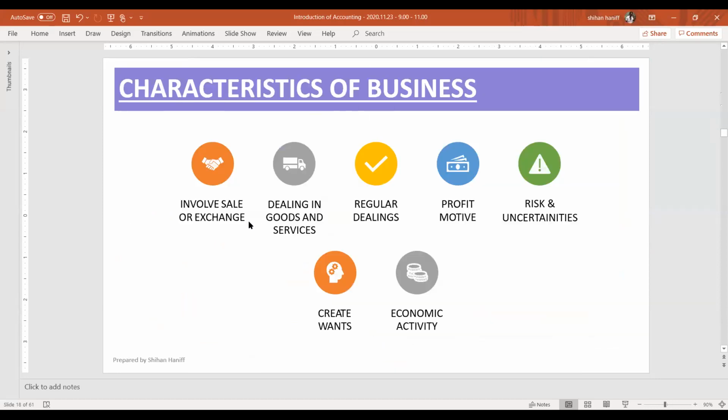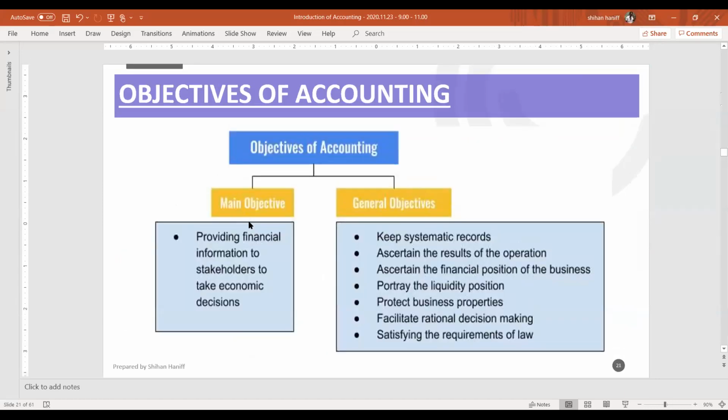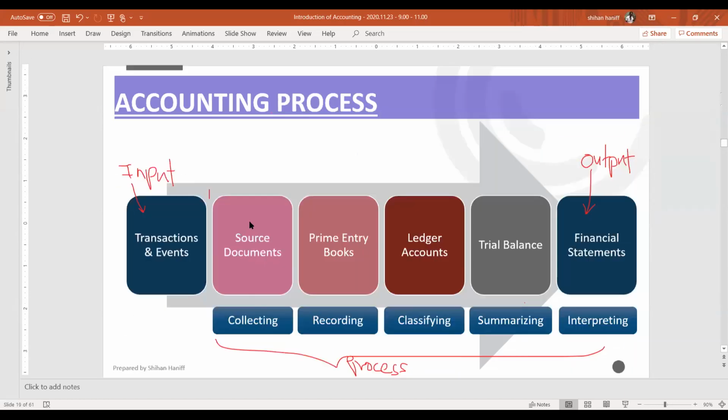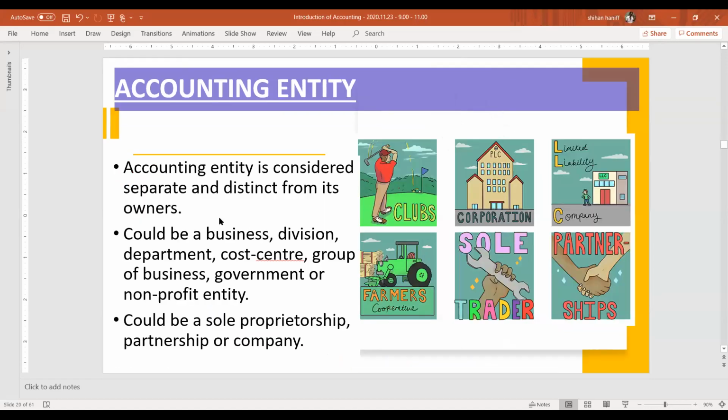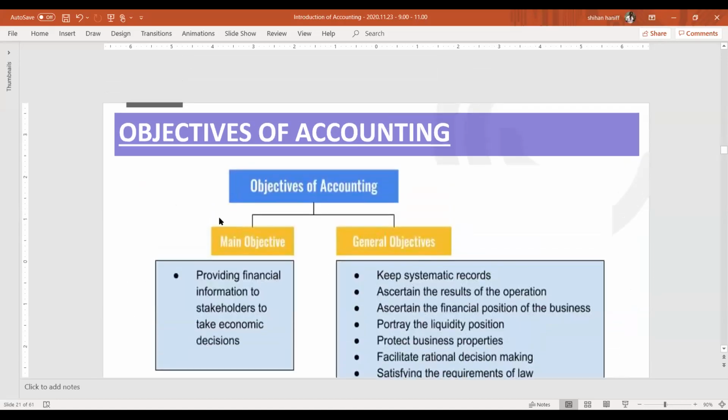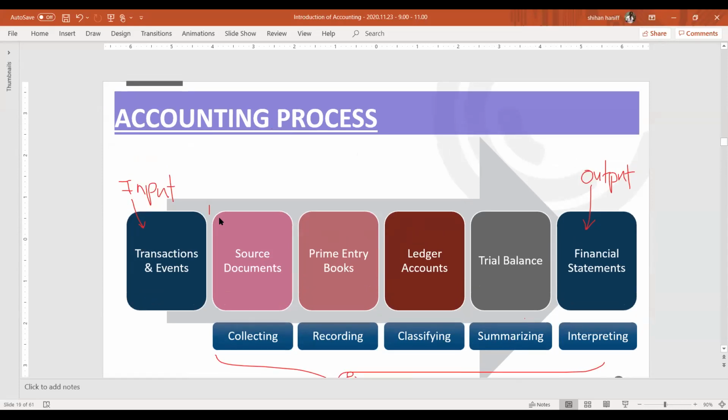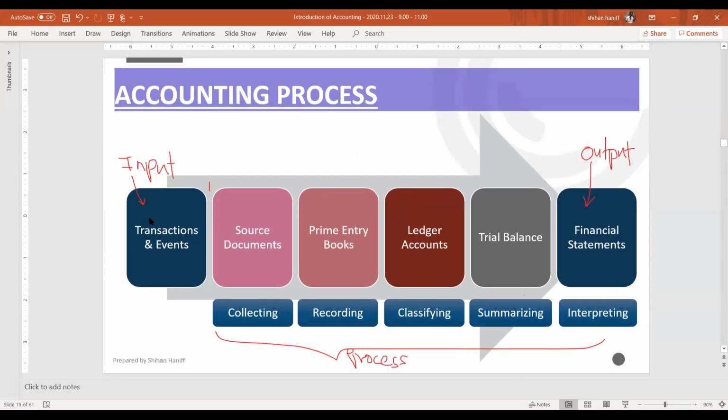So in the accounting process, the input is transactions and events. Now let's see the process.